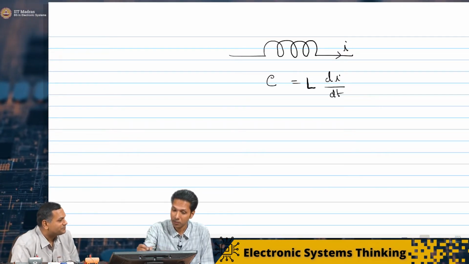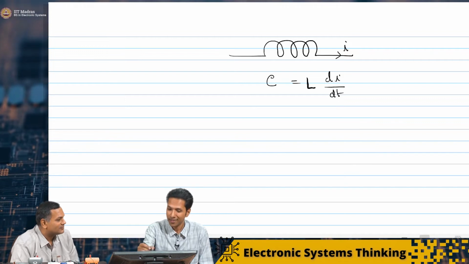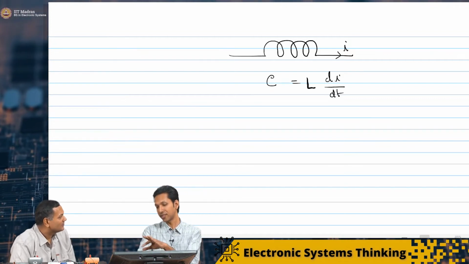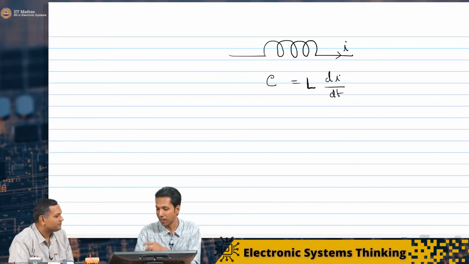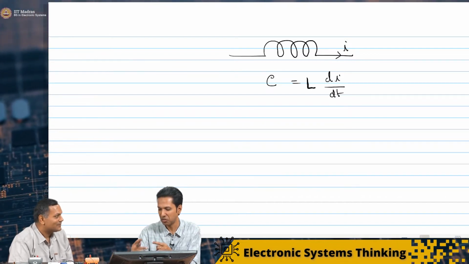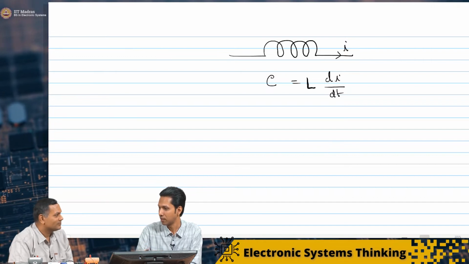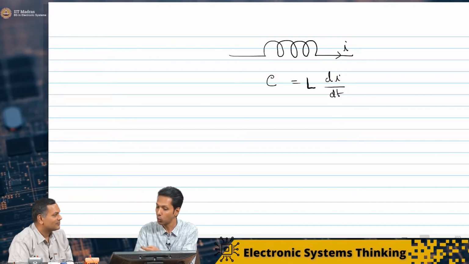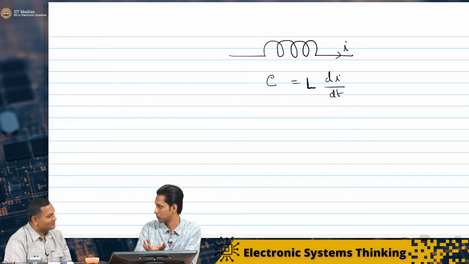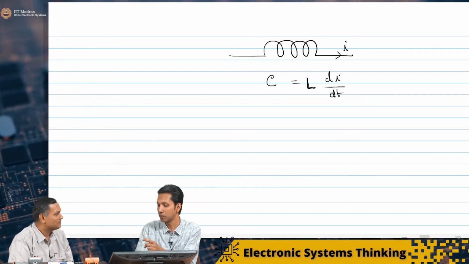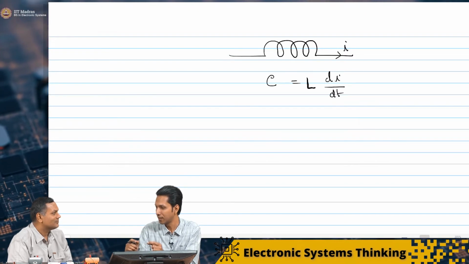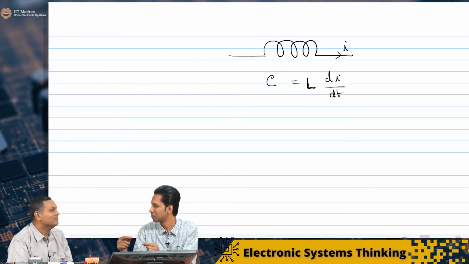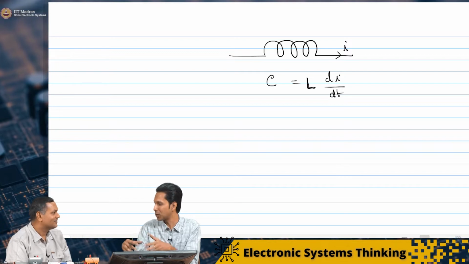Actually, it may not be that straightforward to explain in theory, that we will do later. But I have experimented this. If I have more number of turns, then I've seen the value of inductance is more. Instead of winding on the finger, if I wind on an iron nail, then it has got more value.